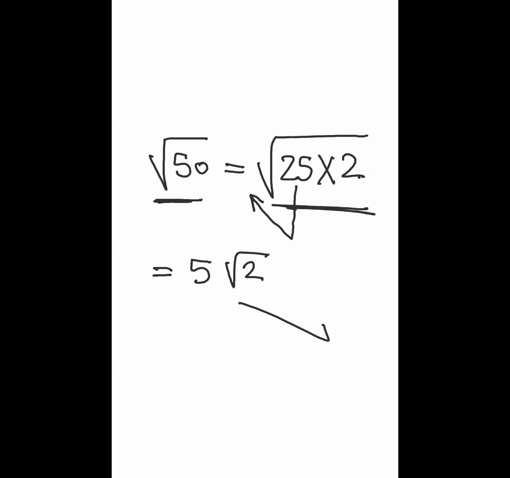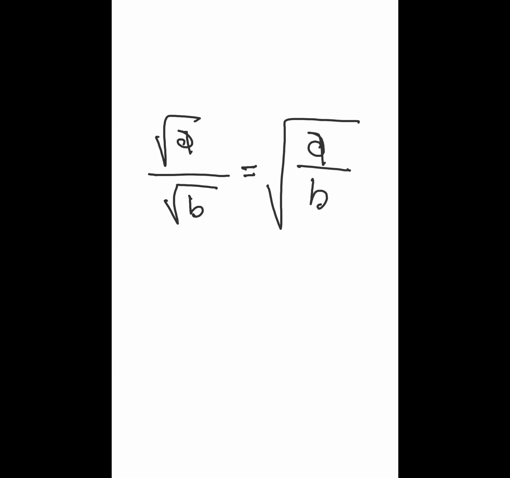Then what about the division? If there are two square roots, like the square root of a divided by the square root of b, this means simply it will equal the square root of a over b. A very simple example like this one: the square root of 8 divided by the square root of 2.